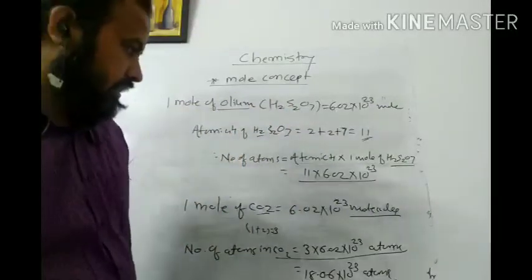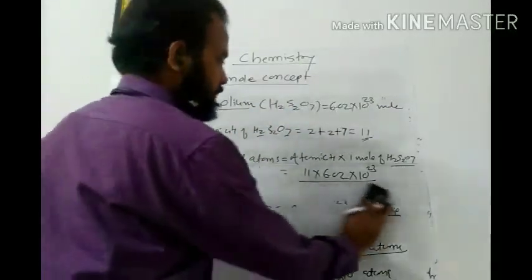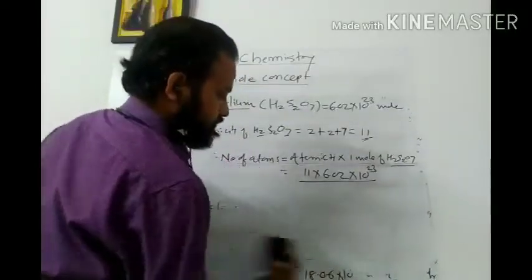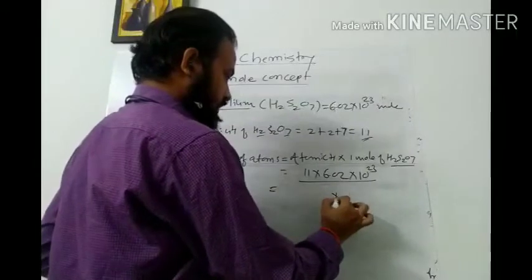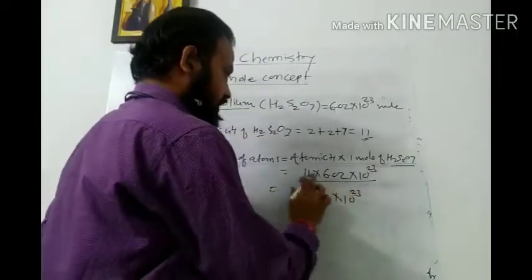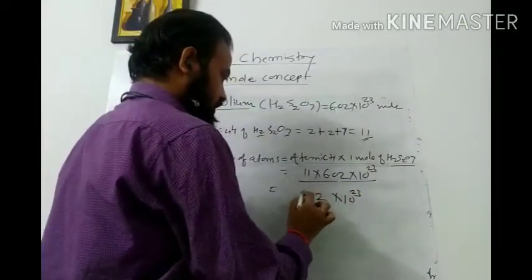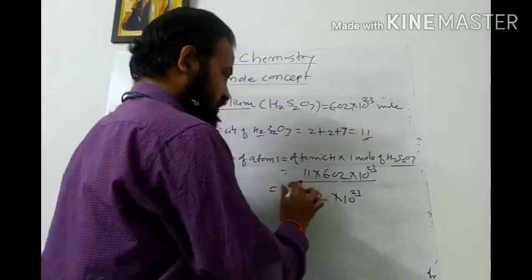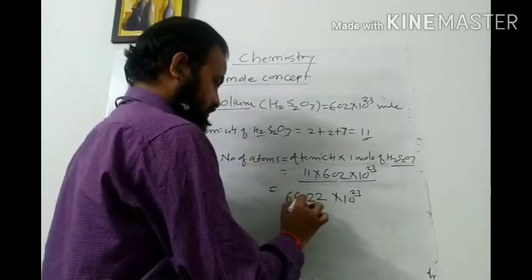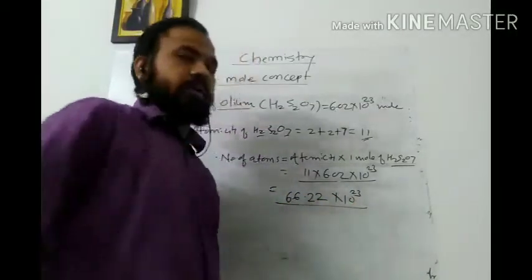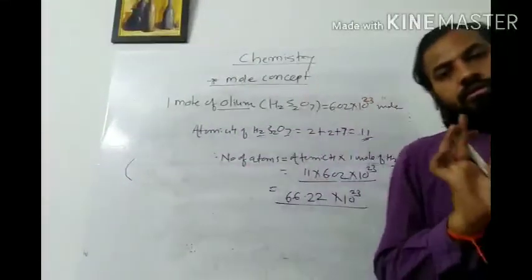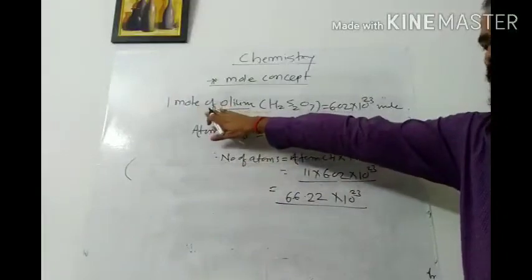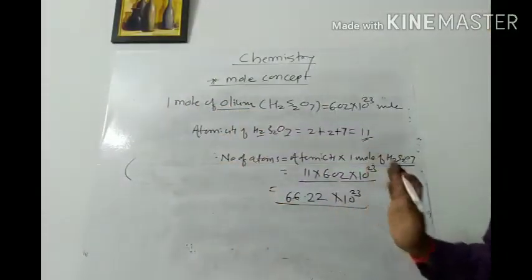Okay, so we can easily calculate it, multiply it by 11 simply. So 10 raised to 23 as it is, 11 into 6.02 is 66.22. So this is the number of atoms present in oleum. Okay, so in this way you can easily calculate the number of atoms if the mole value is given.